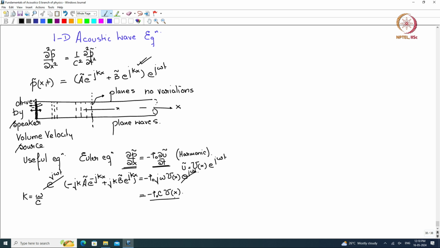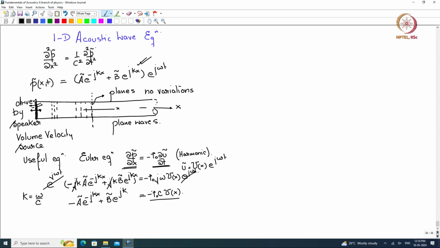The j cancels, so minus a tilde e to the power of minus jkx plus b tilde e to the power of jkx.